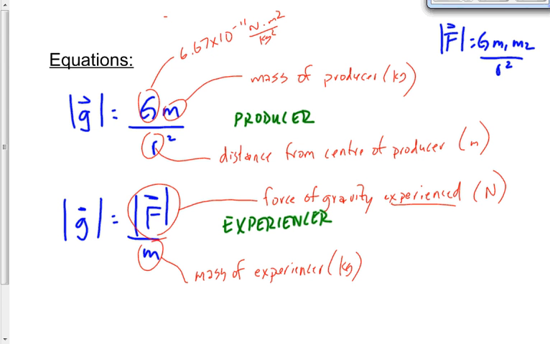What if you have information about both, the producer and the experiencer? You know all you need to know about the Earth. You know all you need to know about the pen. Which equation should you use? It doesn't matter. Use whichever one you want if you have information about both. Just make sure your givens fit, just like any other question we do.